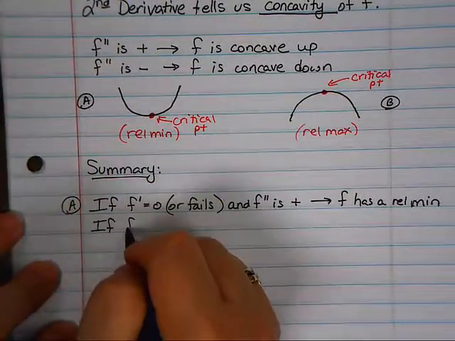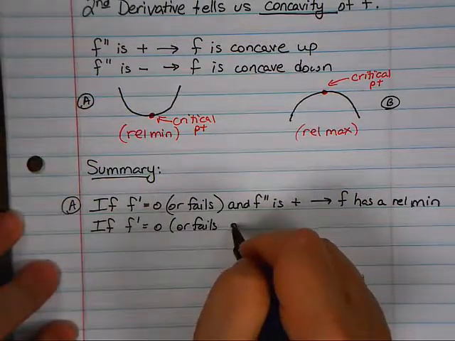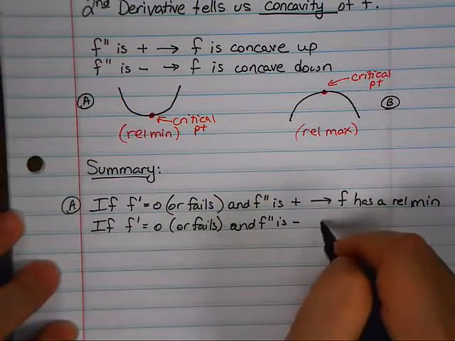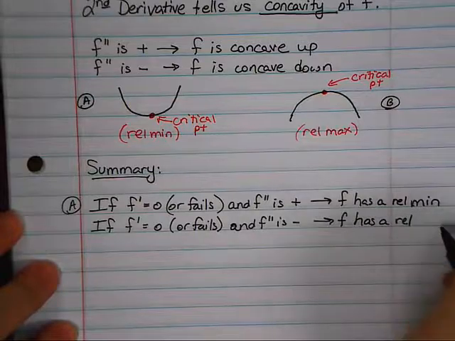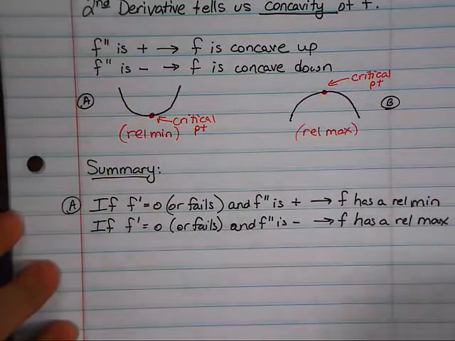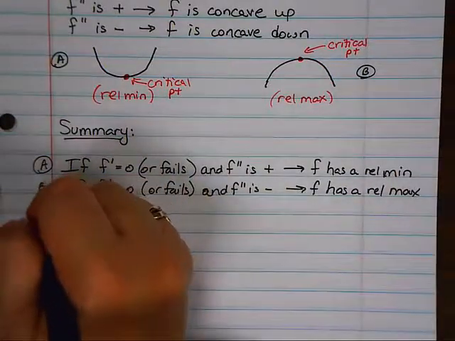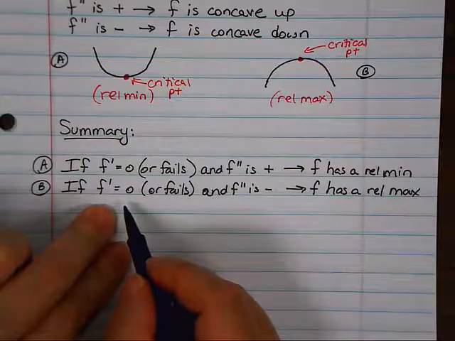So, if f prime equals 0 or fails, and f double prime is negative, then f has a relative maximum. That is scenario B. F prime equals 0, that's a critical point.